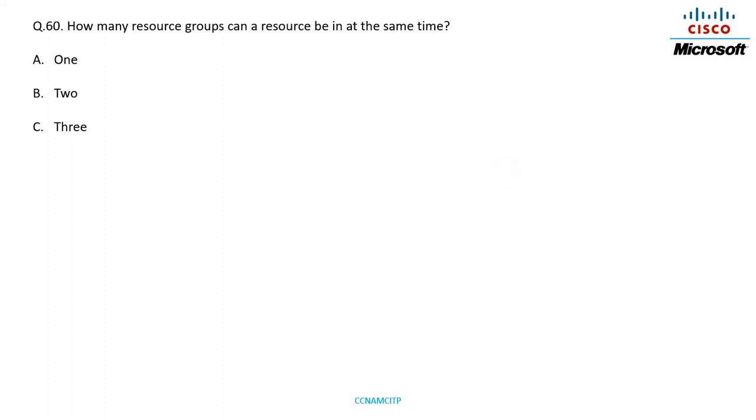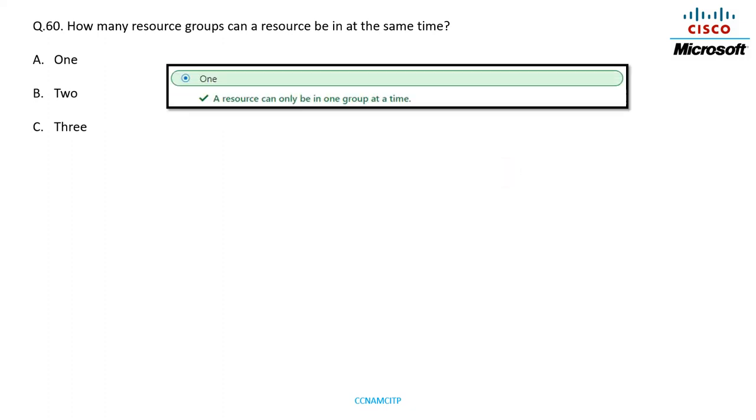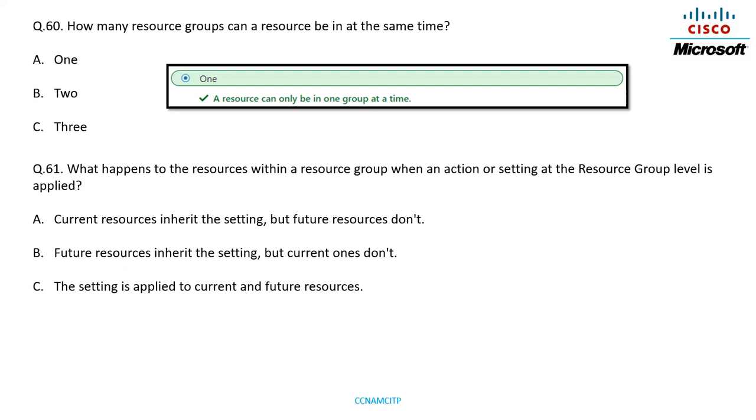And the next question is, what happens to the resources within a resource group when an action or setting at the resource group level is applied? The setting is applied to current and future resources. Let me take the highlighter. So your answer should be C for this question, and for this question A.